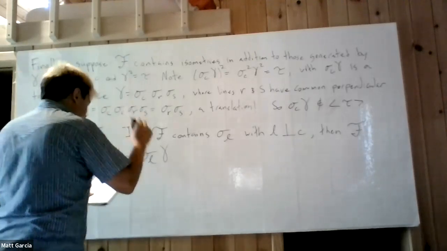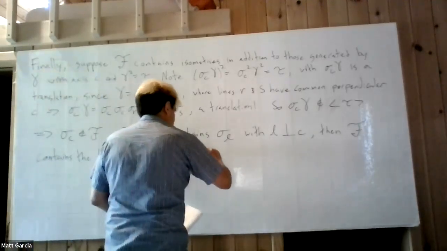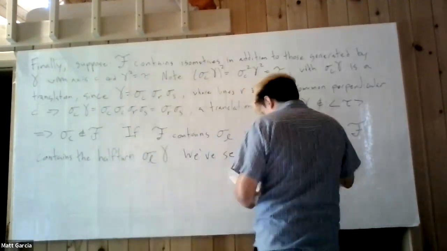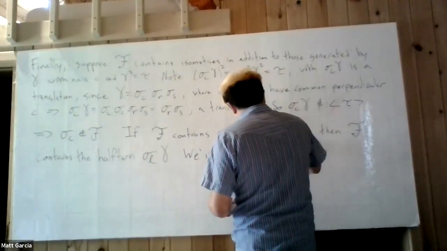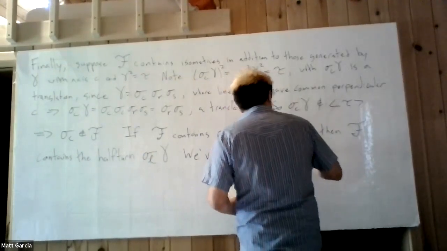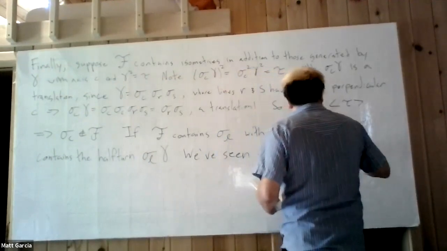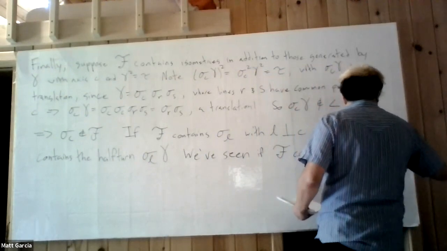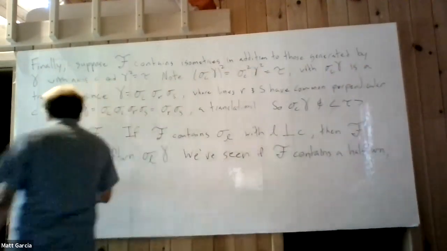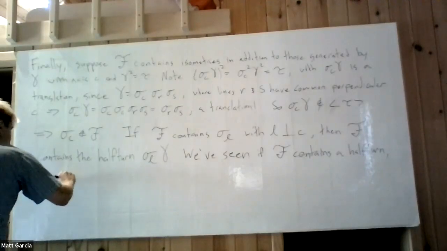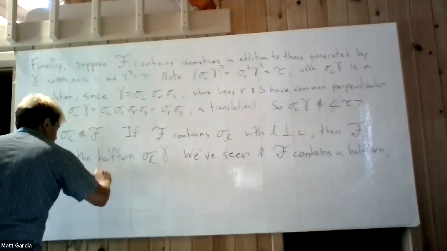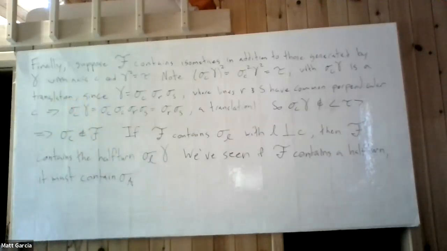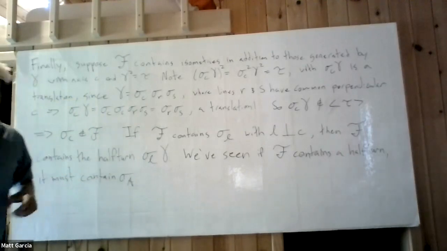So we've seen that if F contains a half turn, it must contain the half turn centered at A, this point that we chose a couple days ago, right?